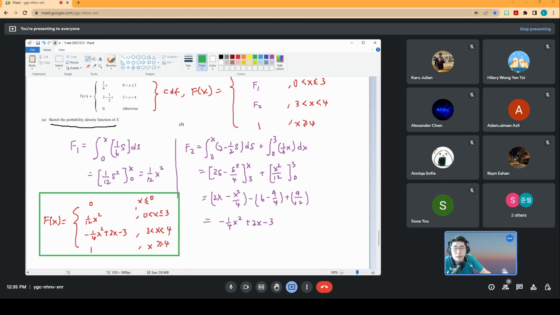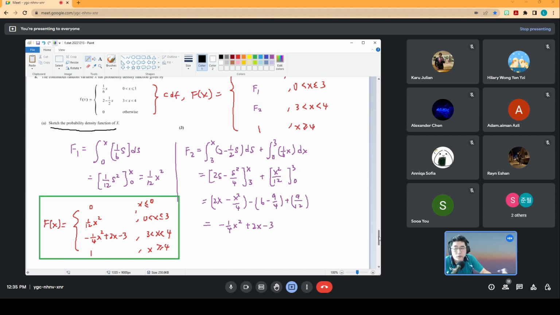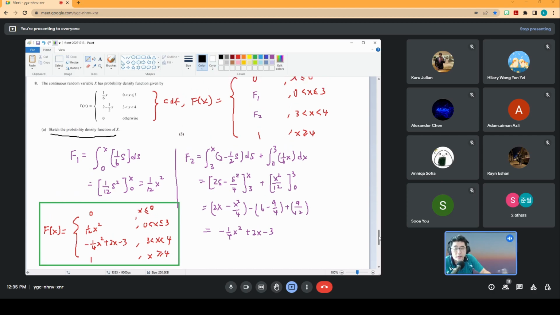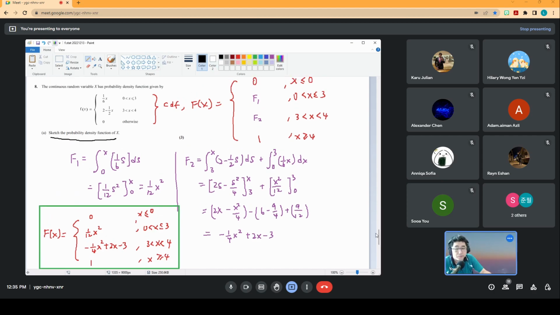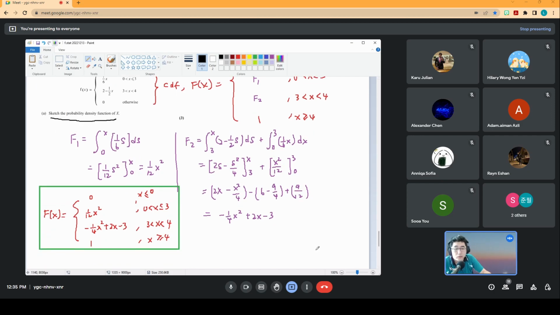Okay, then from here, as I say, we can use the CDF to help us identify Q1, Q2, Q3 easily. So for Q1, I'll have 1 over 12 Q1 squared equals 1 over 4.